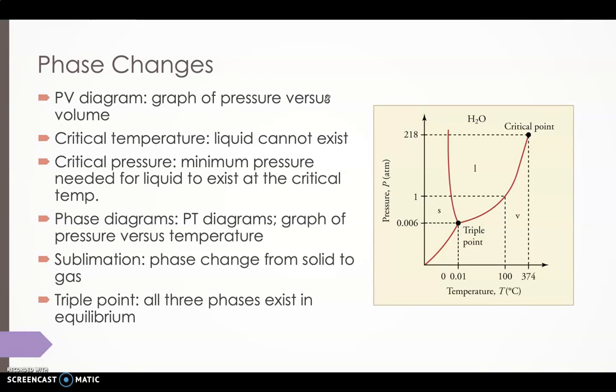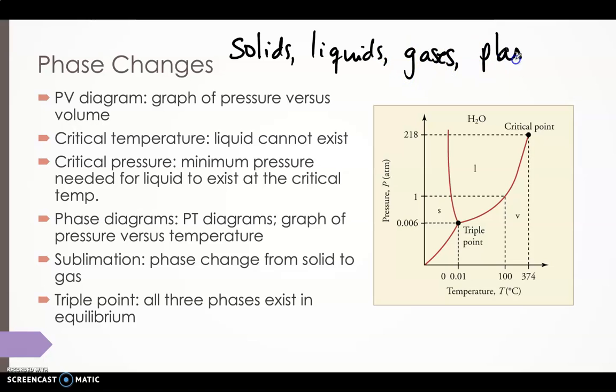Now we've got 3 different phases. Okay, I think I mentioned this in the last module. We have solids, liquids, and gases. We also have plasmas, but we're not really going to talk about that. Okay, so in order to describe the differences between these phases, we have a diagram called a pressure volume diagram.